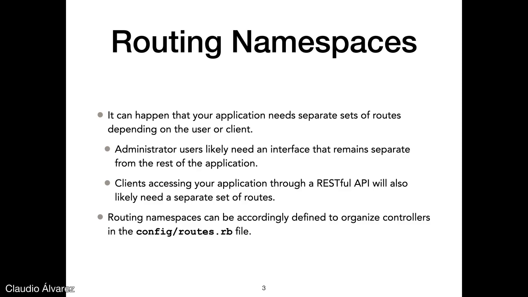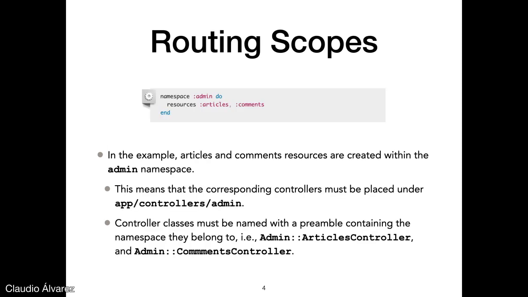So you declare your routing namespaces in the config routes RB file. You've seen that already. The routing scopes or routing namespaces, it's actually namespaces rather than scopes. I'll fix this slide because the title is a little misleading. In this case, we've got a namespace for admin users. Right? It's intended for administrators.